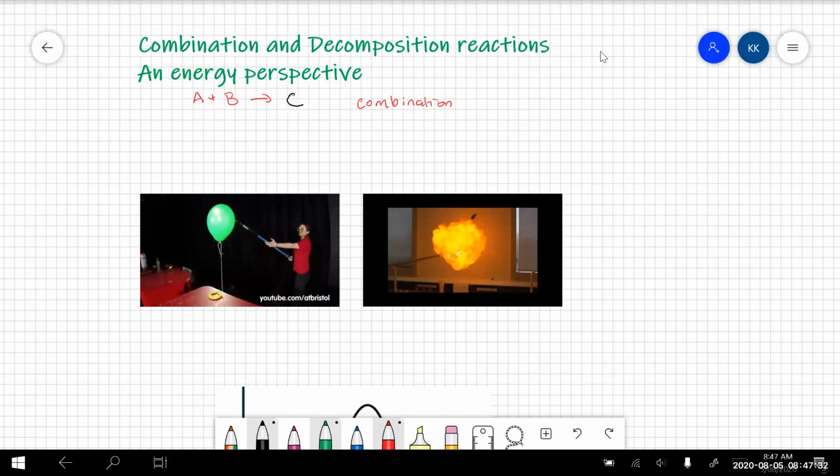Now, if you go the opposite way and you break something up into two parts, then that's what we call decomposition. We're going to explore today why these processes occur.